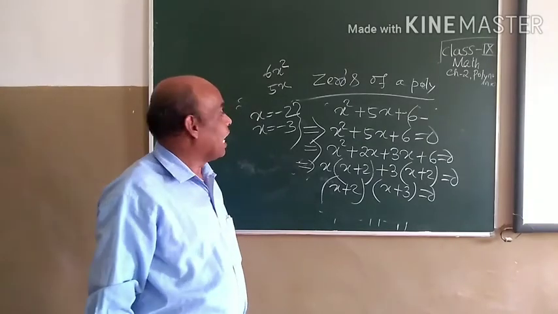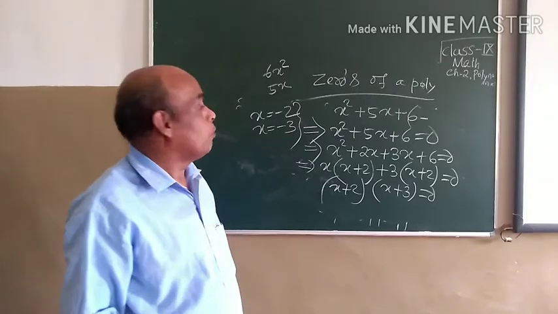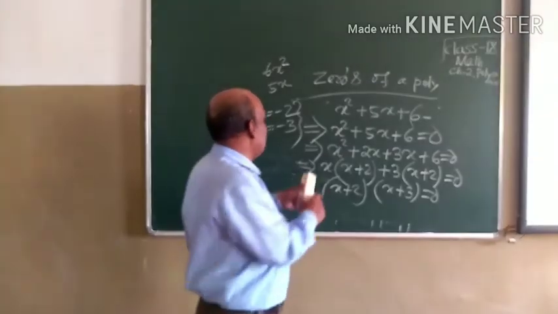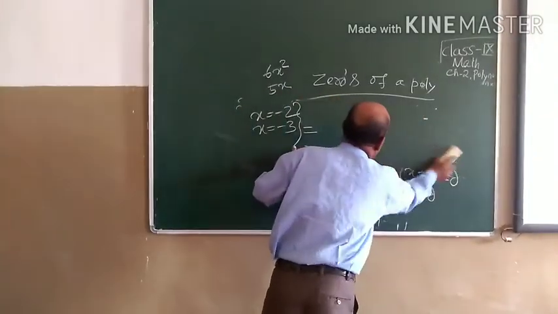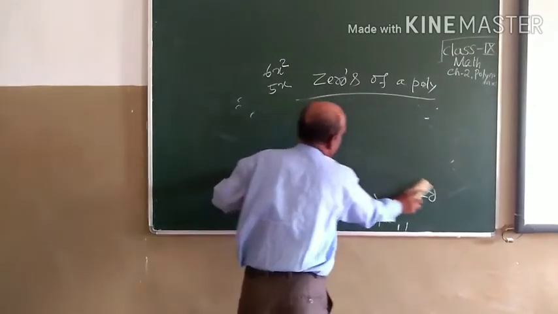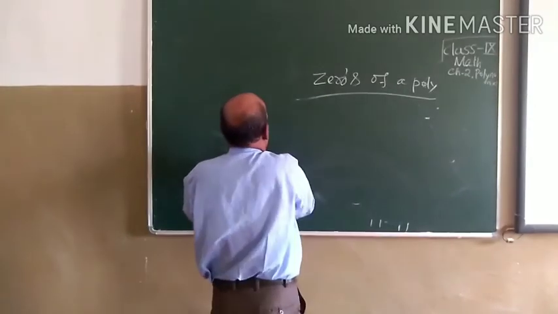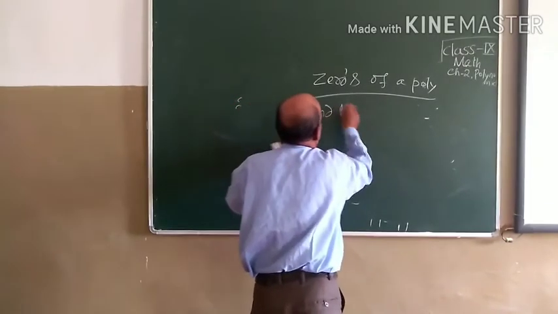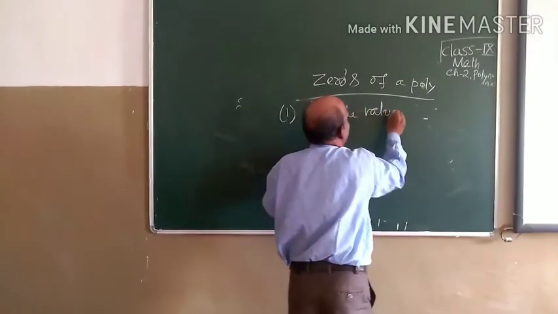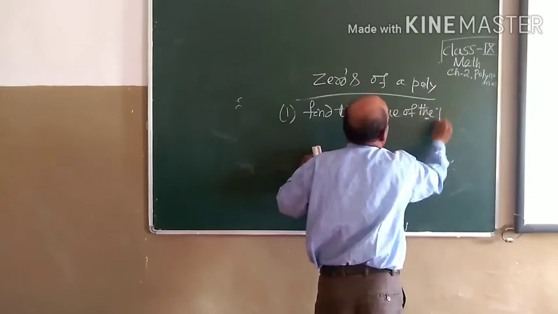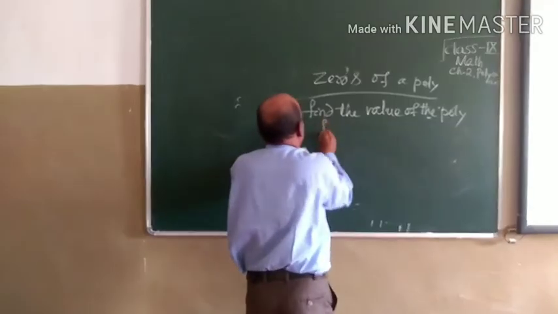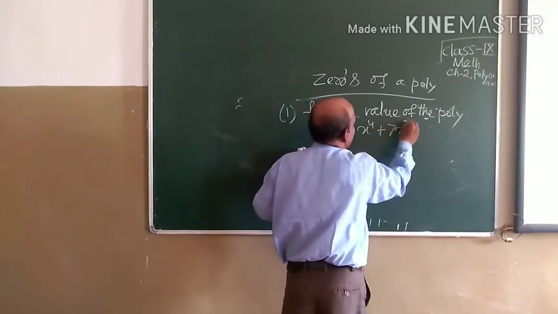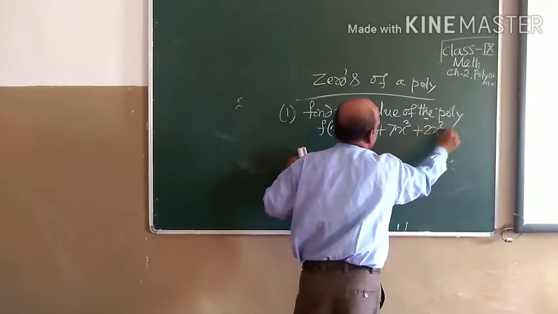So dear children, I will give you some problems for your home task. I think you will solve them. So this is the problem for you. Question number 1: Find the value of the polynomial f(x) is equal to x to the power 4 plus 7x cube plus 2x square plus 1.